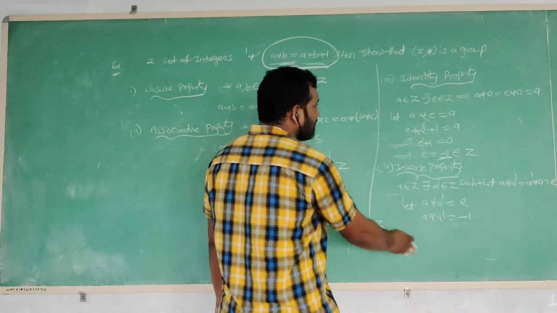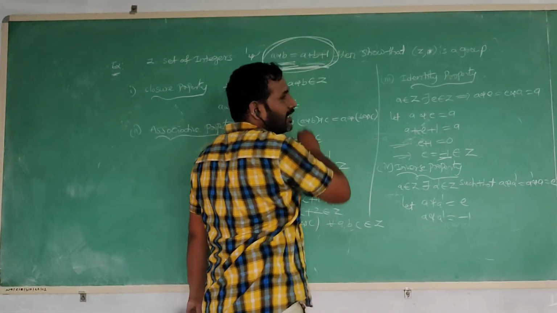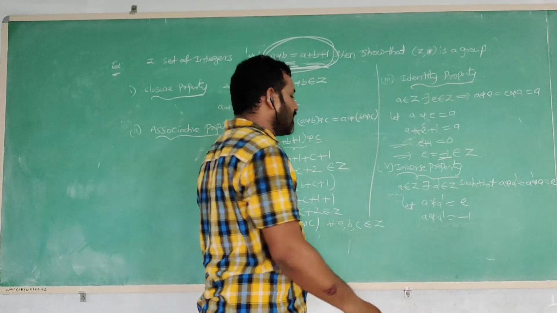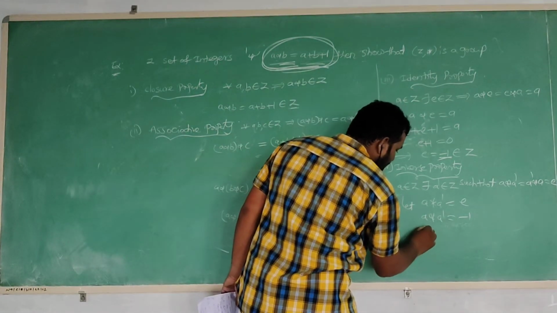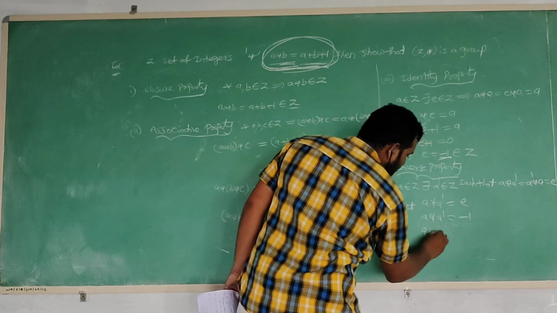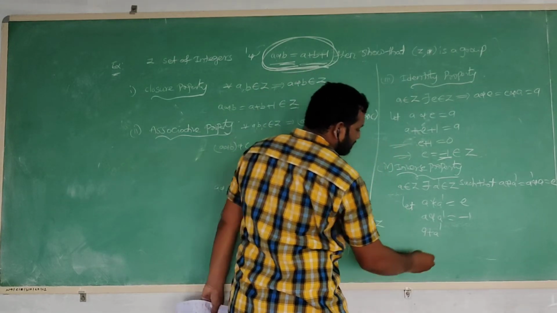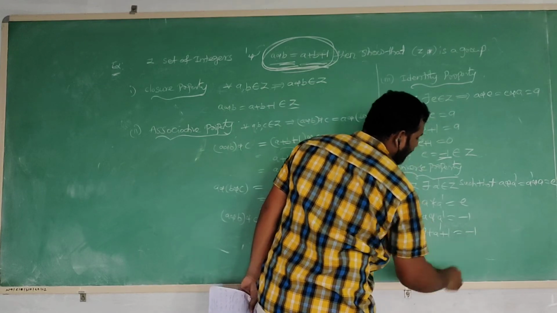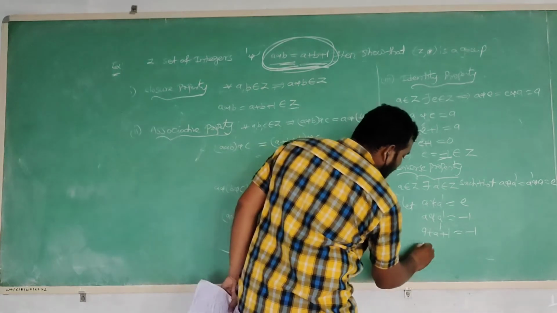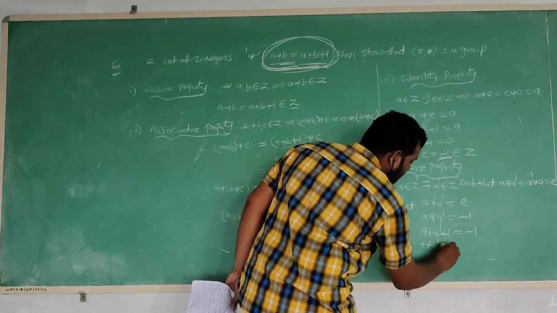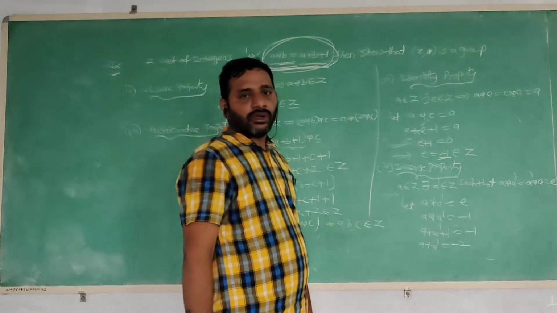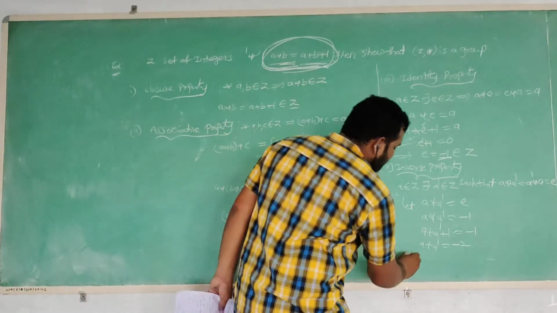The operation star is defined by a * b equals a + b + 1, so a + a dash + 1 equals minus 1. This can be written as a + a dash equals minus 1 minus 1, which is minus 2.